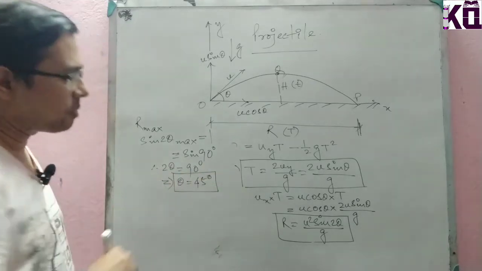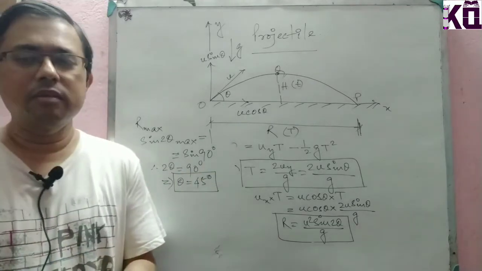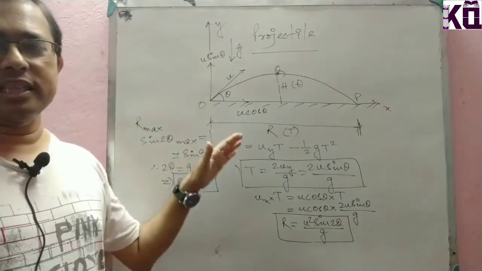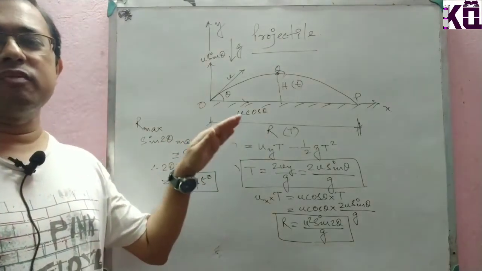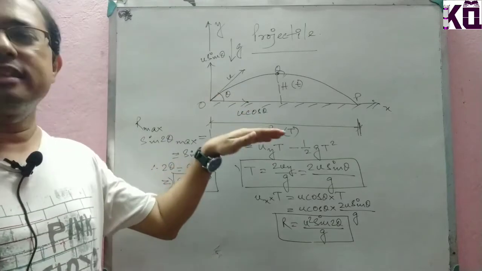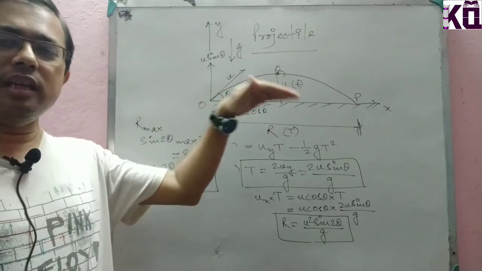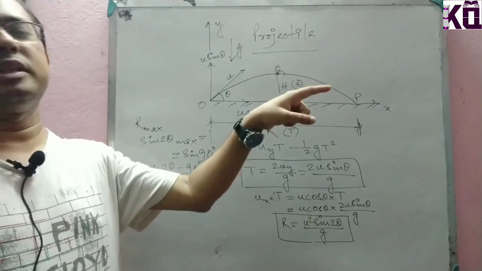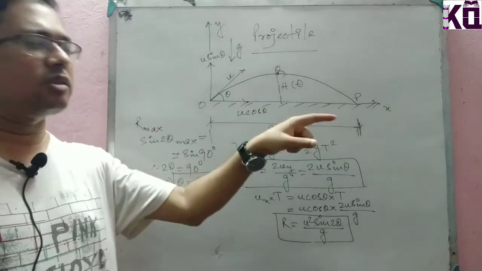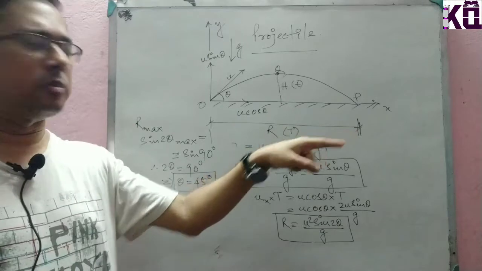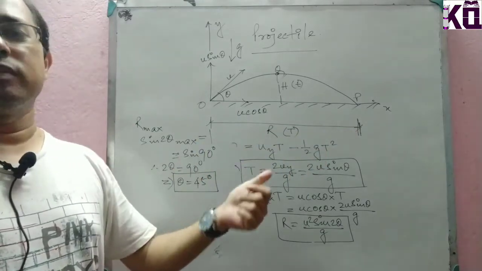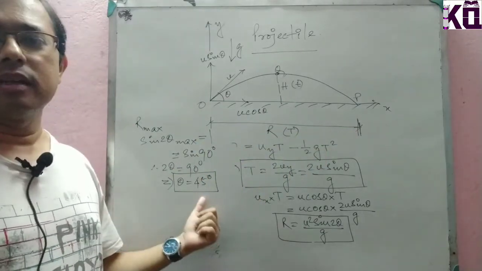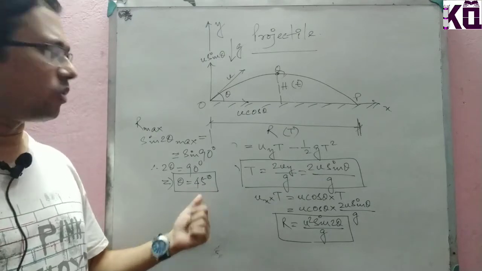So we have to remember, if a missile or projectile is projected at an angle of 45 degree with the horizontal, then it will hit the ground again at a maximum distance. That means the range of the projectile will be maximum when theta is 45 degree. That is the mathematical proof of that.